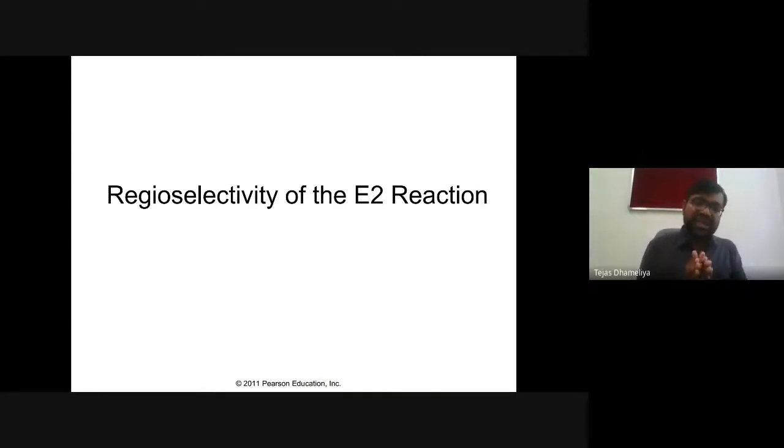A reaction that could end up in two isomers, but preferably one isomer or one enantiomer is formed, is termed a stereoselective reaction. If one isomer is formed over the other stereoisomer, that is called stereoselectivity.